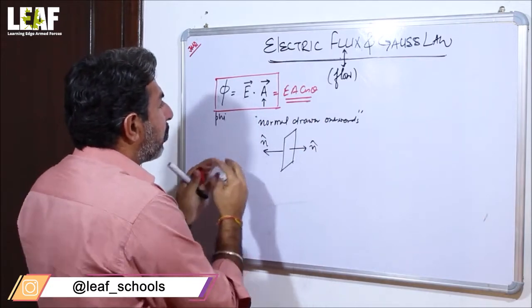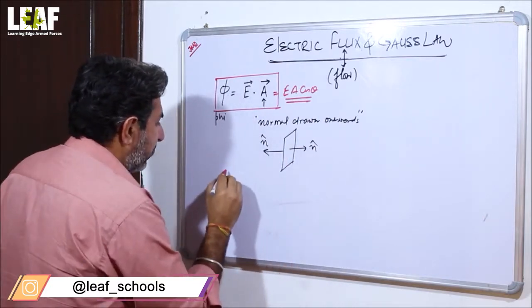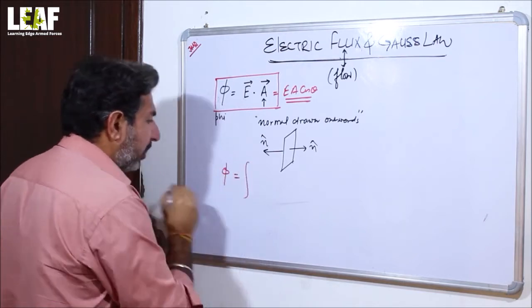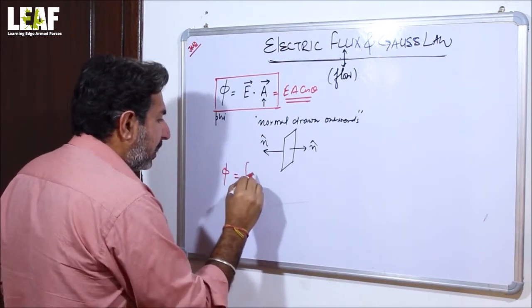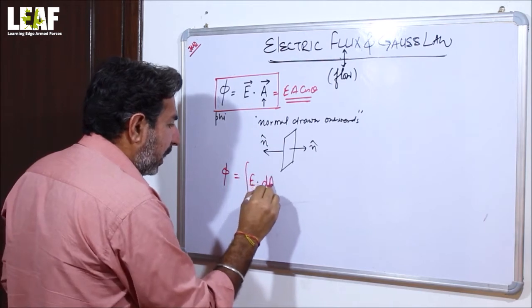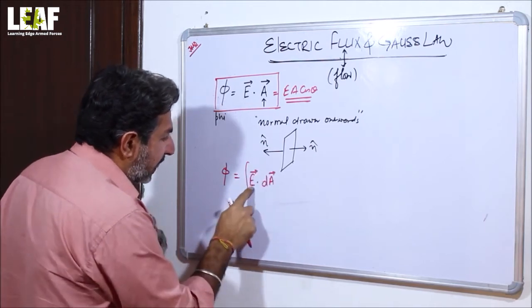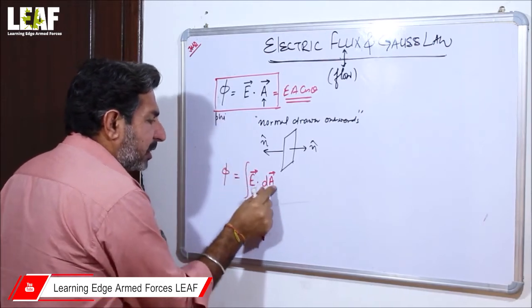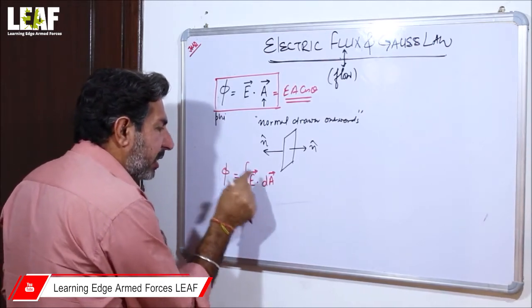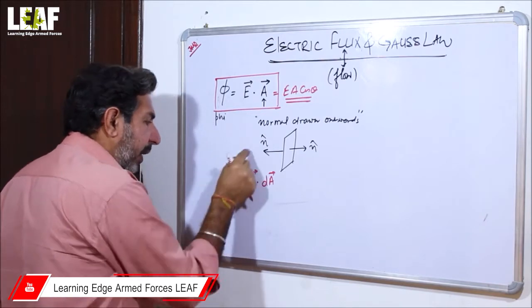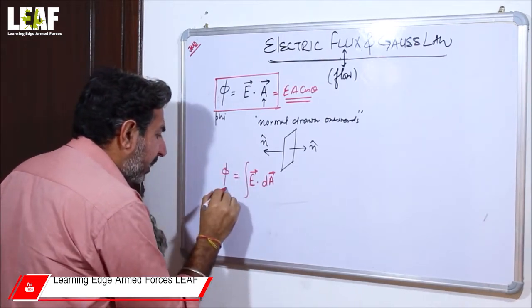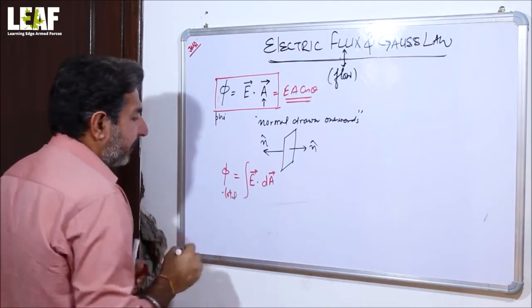So in the more general notation, we will write electric flux as the integral of E dot dA. Means we will consider that E is uniform for a very small area dA, and if I integrate these elements, we will get the total electric flux.